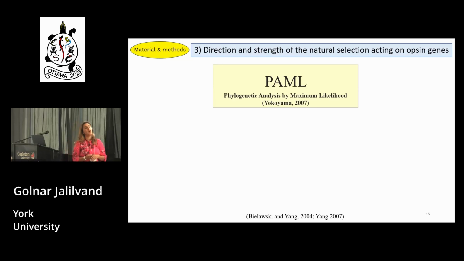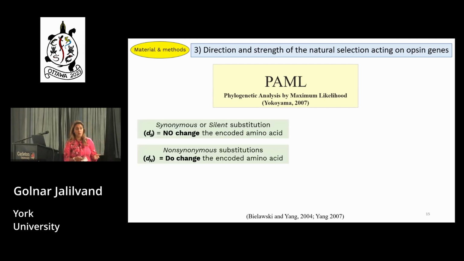For the third objective, we use PAML, which is a software package to infer the direction and strength of natural selection acting on these opsin genes. How does PAML work? We know that natural selection mainly operates on proteins, on amino acid sequences, and there are changes that do not change the protein's function.